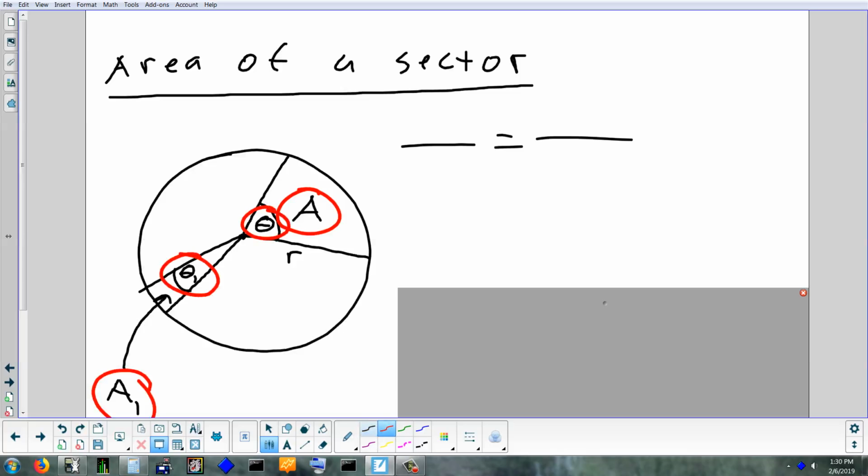So could somebody tell me what I could put on the left? Sure, could do A over theta. And now that he said that, you've got to set up the right side the same way. So what would I put on the top on the right side? A1. And then on the bottom? Theta 1.